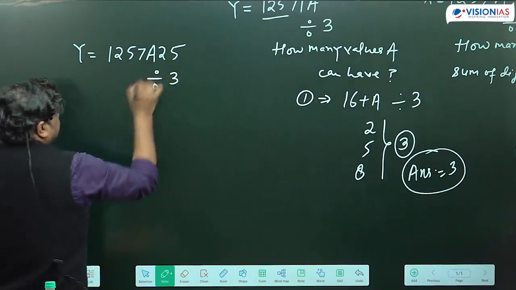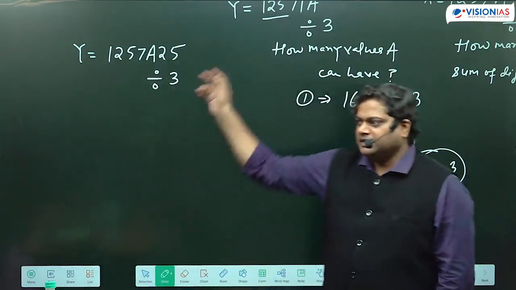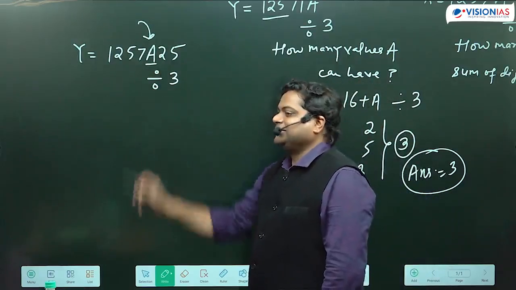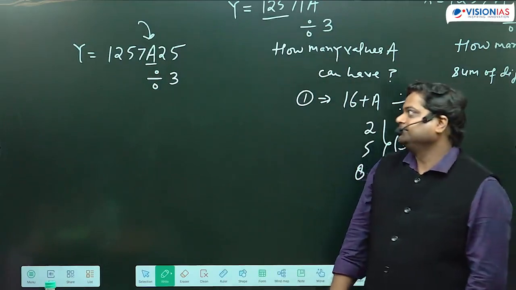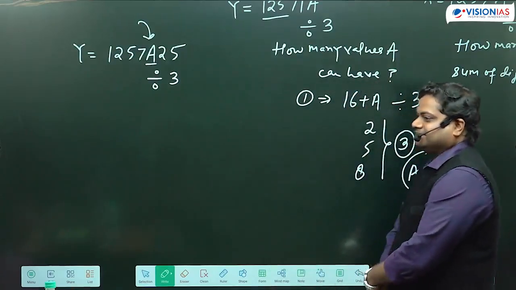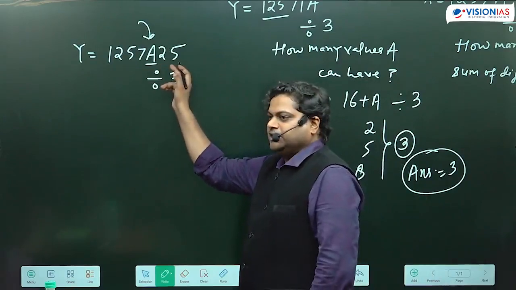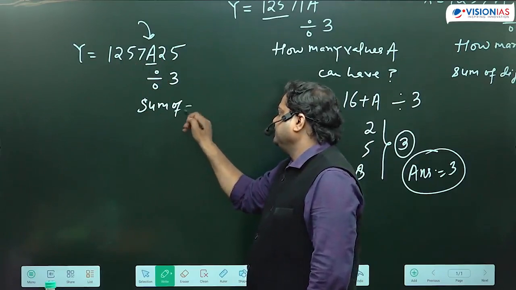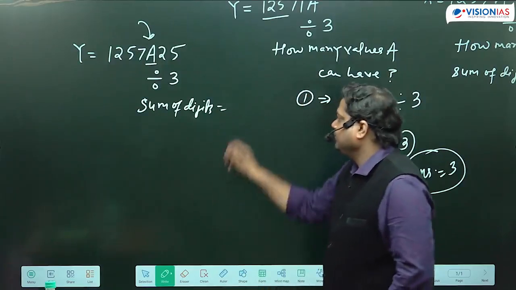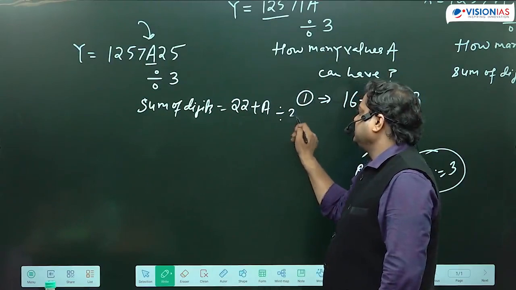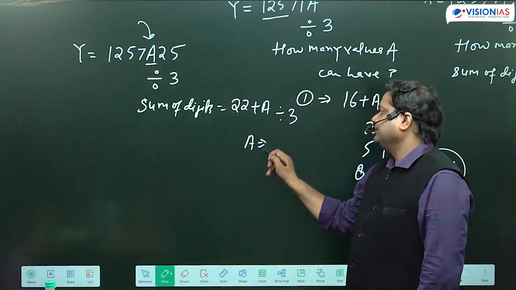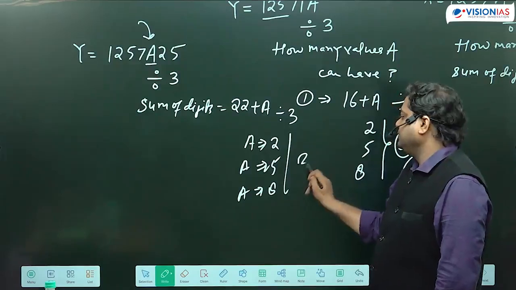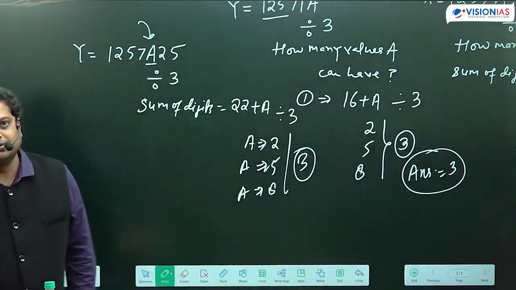This number is completely divisible by 3. How many values can a have? Until now a was at the unit place; I have written it in between this time. Three values. Now a can be at the unit place, second place, third place, anywhere. We are calculating the sum of digits. Here it is coming 22 plus a. This must be divisible by 3. So the value of a can be 2, 5, or 8. Total count is 3. Simple. If such questions come, they'll be solved immediately, and such questions have been asked too.